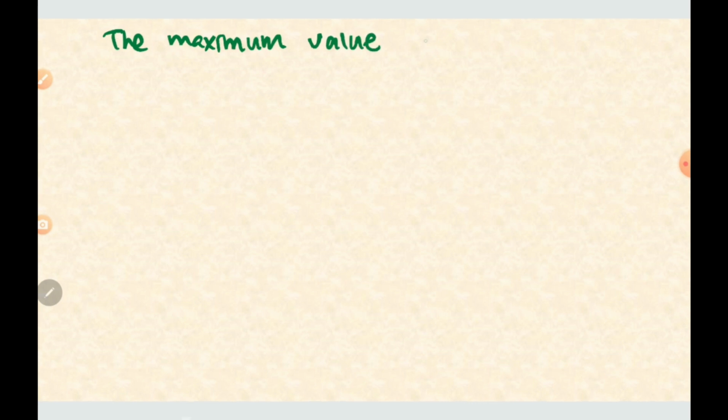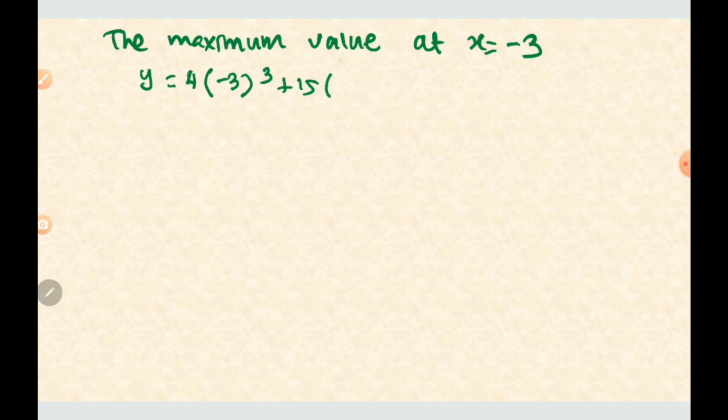So the maximum value at x equals negative 3 means you have to substitute negative 3 into the function y, and you will get y equals 4 times negative 3 cubed plus 15 multiplied by negative 3 squared minus 18 times negative 3 plus 7, and the answer is 88.